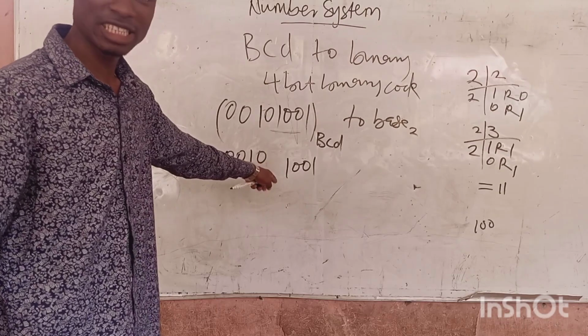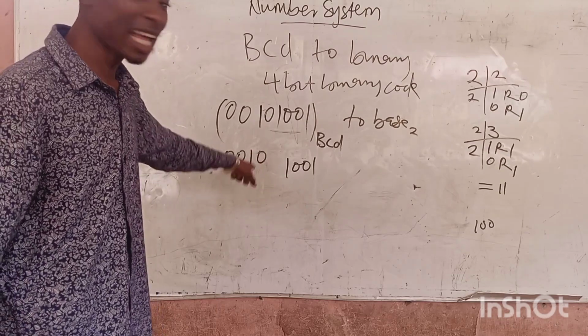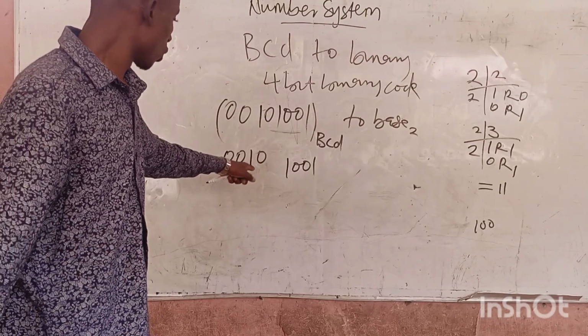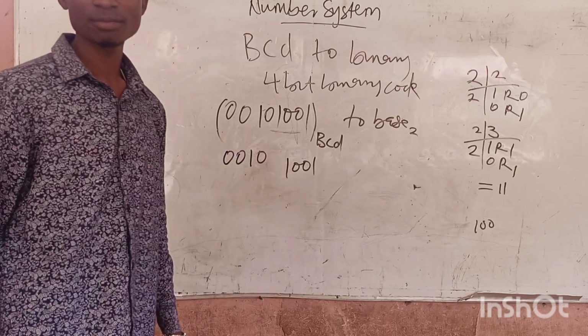Having grouped it into 4-bit codes, as you see now on the screen, the next step is to convert it to base 10.